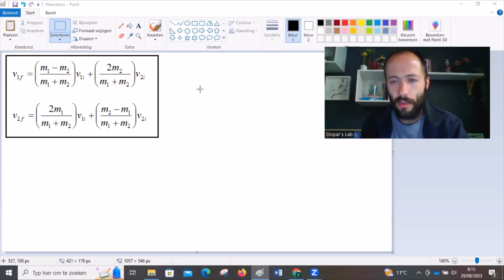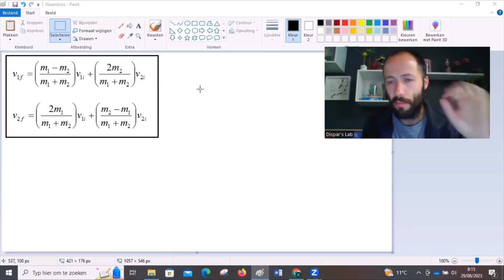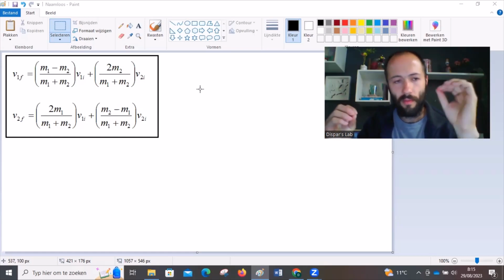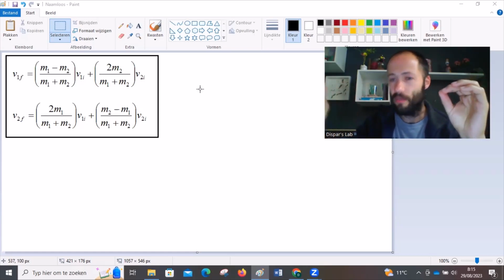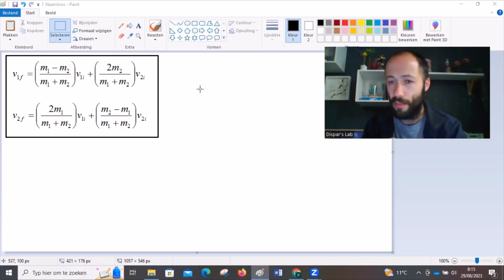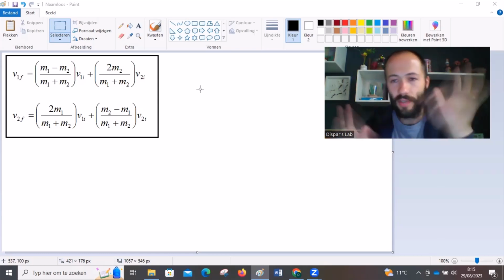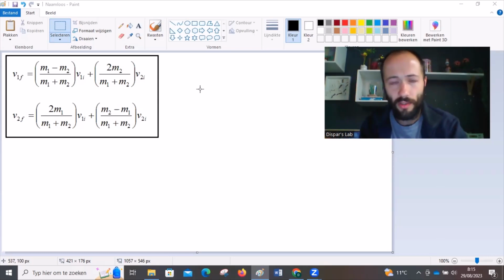In the past, I've done analysis videos on elastic collisions, but mainly only where a one mass collides into a two mass, so a 1-to-2 mass ratio. But now I'm going to be doing many more different types of mass ratios.